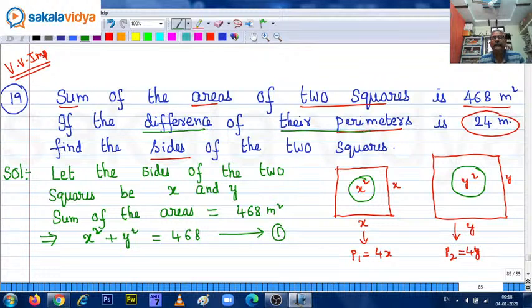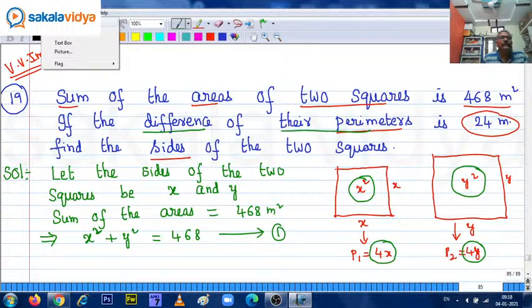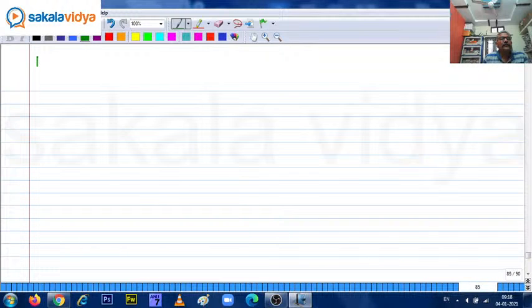Difference of their perimeters is 24. Perimeter, first one is 4x, second one is 4y. So now difference of their perimeters.